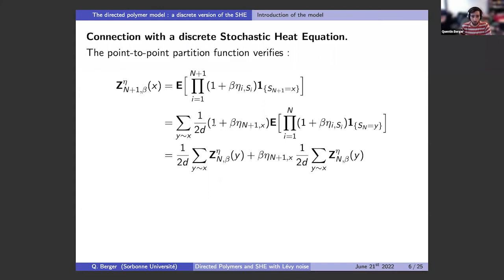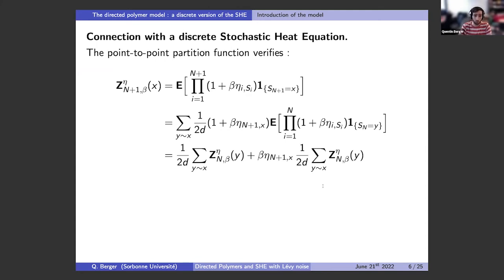I have this 1 plus beta that I will separate into 2 parts. First I have the 1 over 2d, the point-to-point partition function ending up at position y at time n, and then I have beta times the random variable times this quantity.